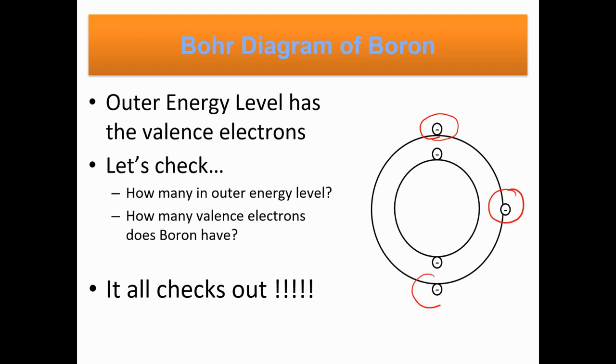They are in the outermost energy level. So if I had a third ring going around here and all this second shell was filled with 8, the electrons on the third ring would actually be considered the valence electrons. And those are the ones that are going to react with other atoms of other elements. And that's how our chemical reactions occur.